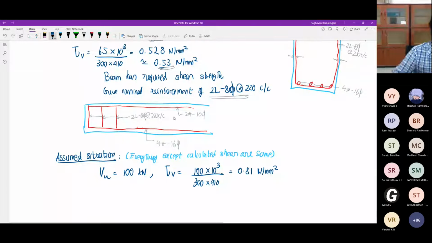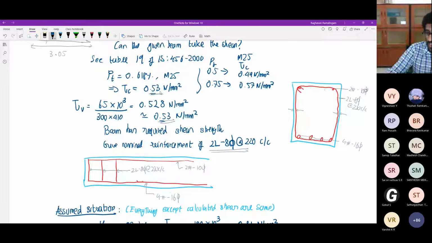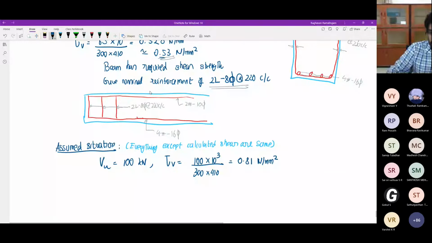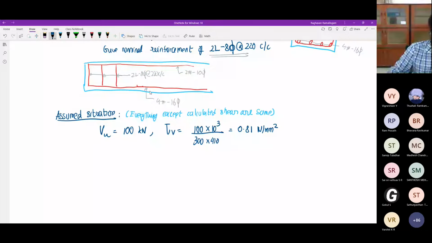Now, when you compare this tau v with tau c, tau v is greater. This is not good for us. It means that the concrete cannot actually take all the shear that is coming on it. So this is greater than tau c. Also, you need to make another check in table number 20.